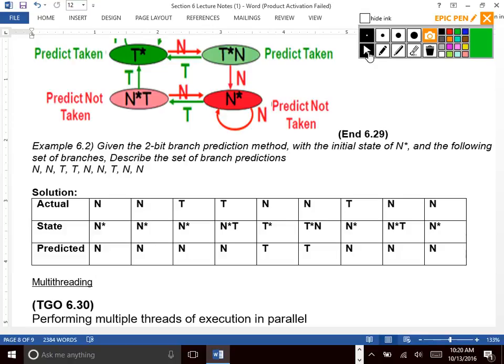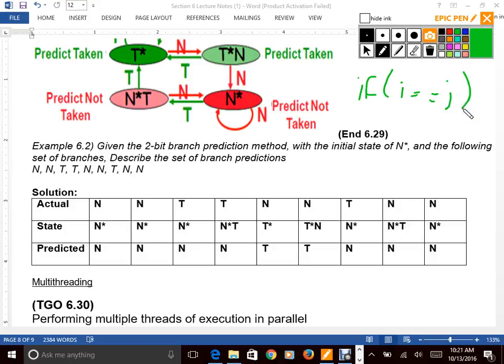How does it know if it predicted wrong? Okay, this is a very good question. So if it's going through the loop, right? If i equals j, and I predict branch not taken, which means I'm going to go in the loop and start executing the code. So then I start saving the results of these registers. And what's going to end up happening is the directory is going to update i in a different processor.